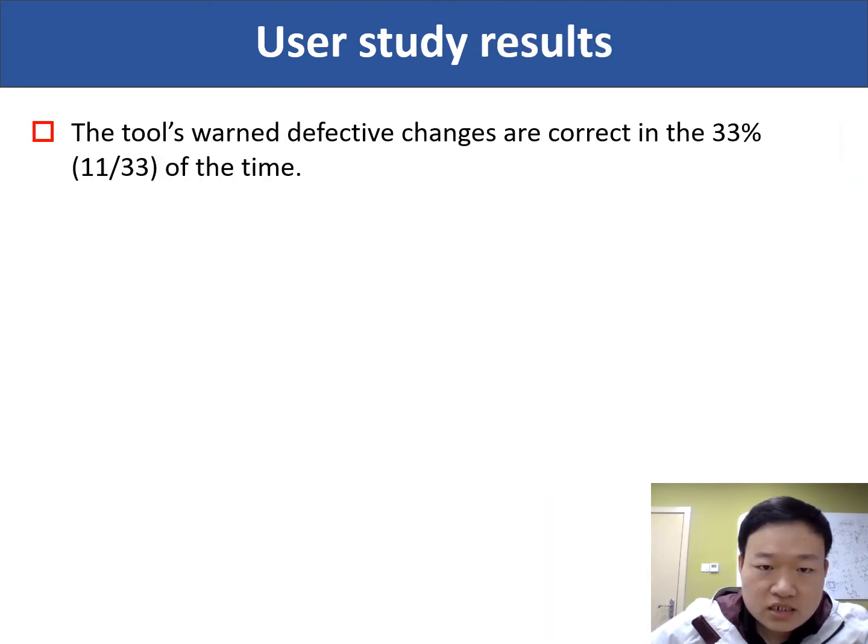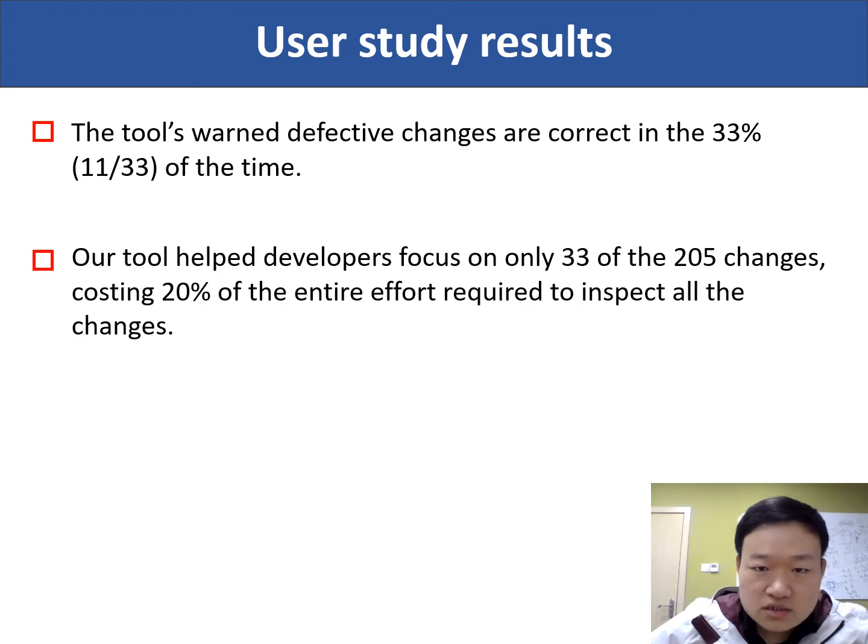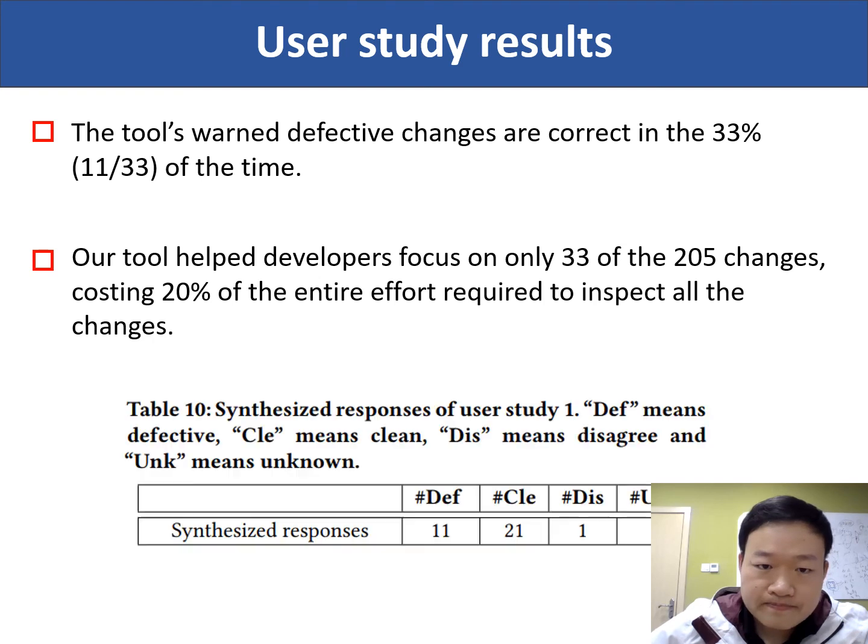From the user study, we found that, first, the tool's warned defective changes are correct 33% of the time. Second, our tool helped developers focus on only 33 of the 205 changes, costing 20% of the entire effort required to inspect all the changes.